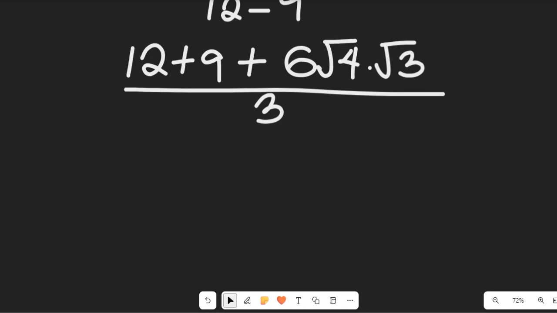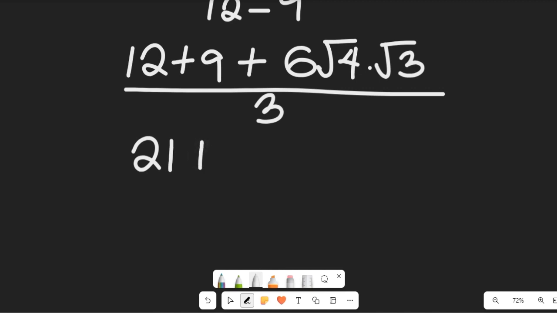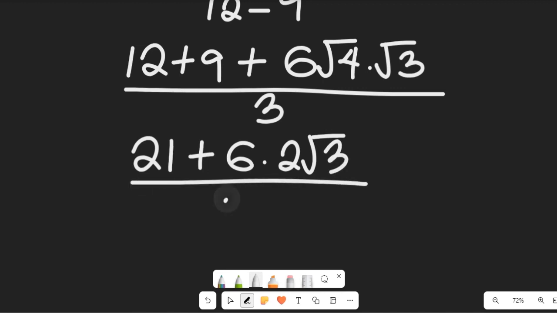12 plus 9 gives 21, so I'll have 21 there, plus 6 multiplied by 2, with the square root of 3, and all this divided by 3.